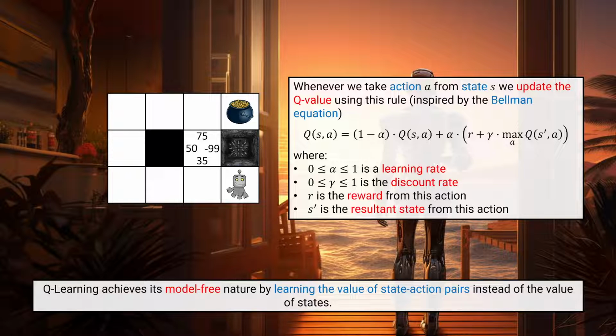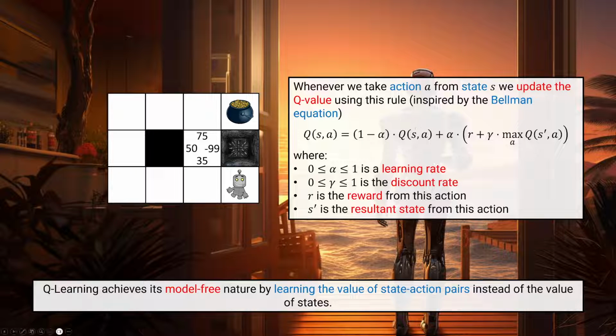So what's new about this equation, other than that we've swapped out the value of S for the Q of SA, is that we've also added in this learning rate. Something that's come along with Q learning and has become more popular as we've applied it in the 90s and more recently, is we've started applying this learning rate alpha, which tells us how much we bias old information and how much we bias new information.